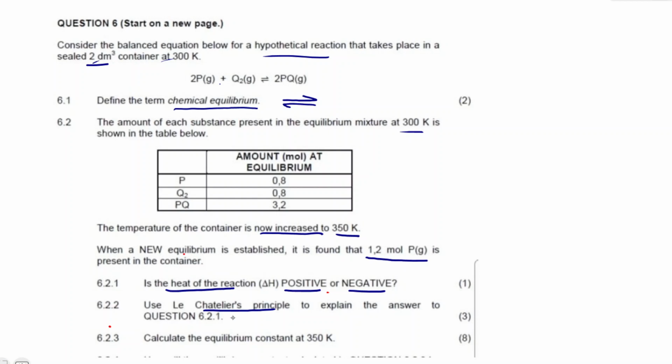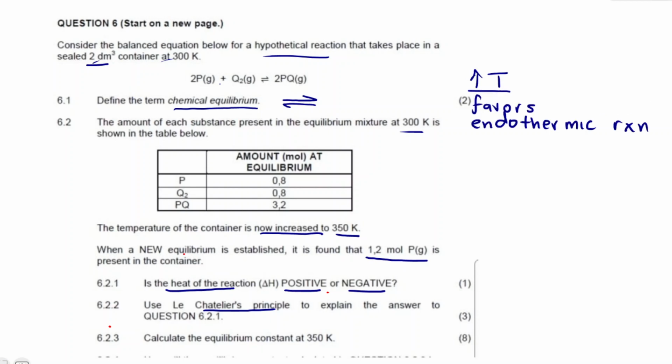Okay, so we need now to answer 6.2.1. Before we do that one, let me just remind you about Le Chatelier's principle when it comes to temperature. An increase in temperature always favors the endothermic reaction.